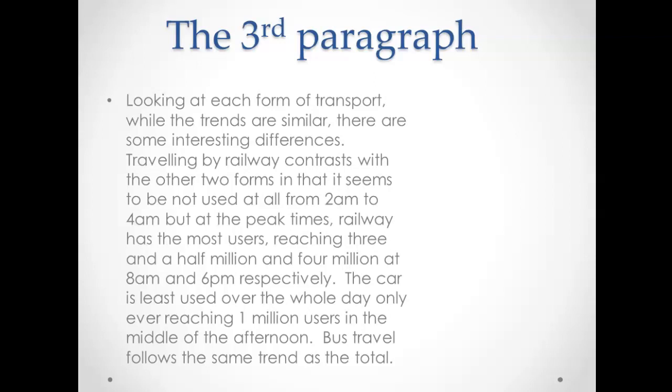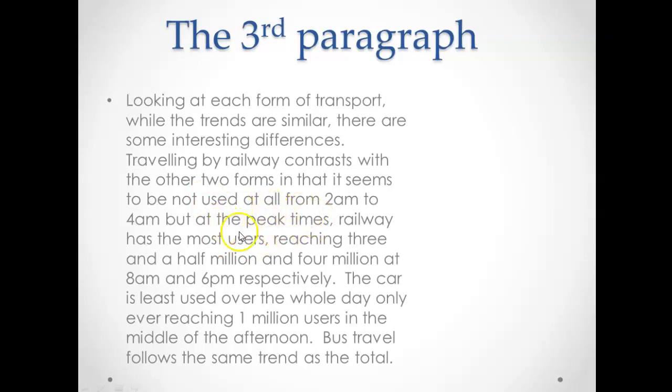In this paragraph, to describe the detail, the student needs to make careful selection of some features. You cannot write all of them, it's impossible, so you have to become very skilled at choosing which ones. Like travelling by railway contrasts with bus and car.